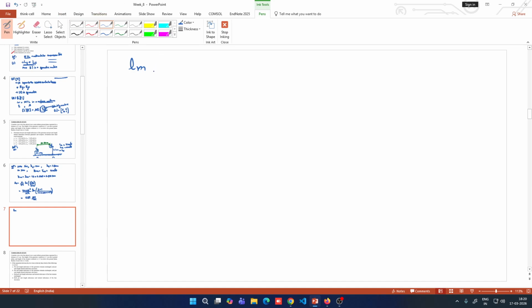For that also, we have already seen the derivation of the formula in the lecture, so I am directly writing the formula here: mu naught by 4 pi ln of 1 plus 4 times hg into hr divided by s square, where s is the separation distance between conductor 1 and conductor 2.